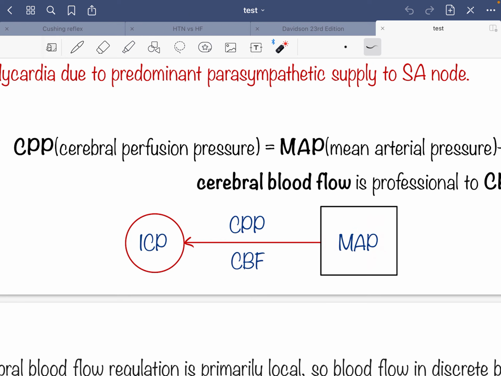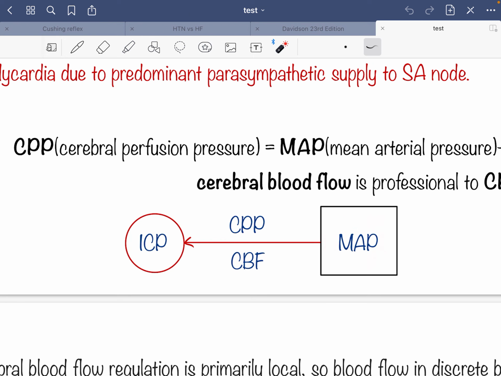This blood flow towards the brain is known as cerebral blood flow, and the pressure difference between the mean arterial pressure and intracranial pressure is known as cerebral perfusion pressure. So the cerebral perfusion pressure maintains the cerebral blood flow.